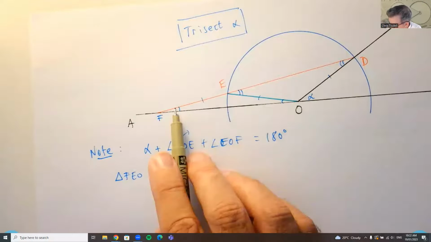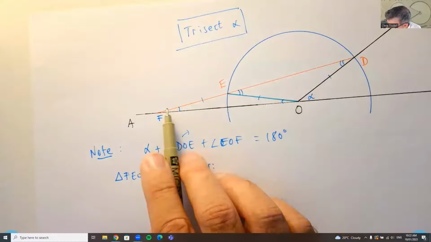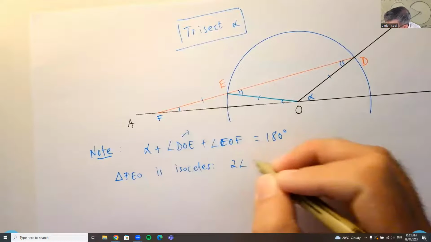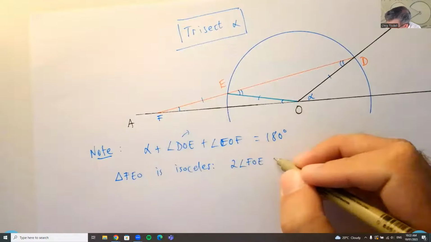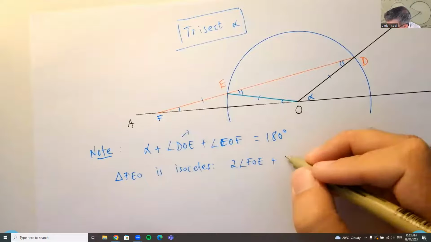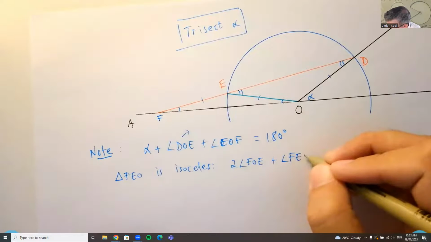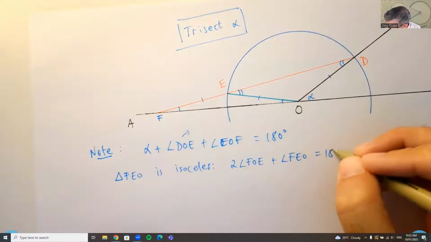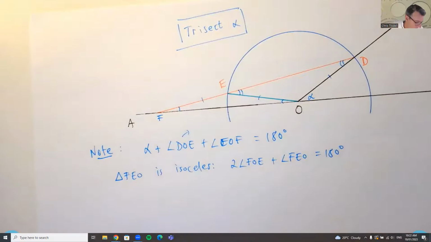So they're the same. So let's write that in terms of FOE. Two times the angle FOE plus the angle FEO equals two right angles, 180 degrees.